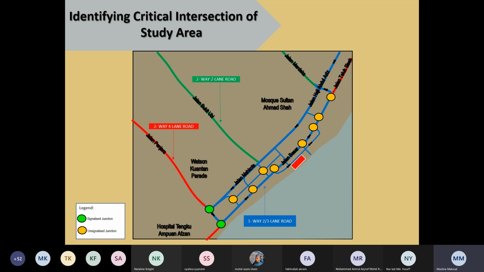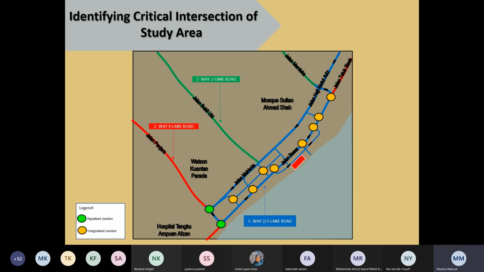So the orange color is the unsignalized junction that is affected by our development in future. The green color is the signalized intersection, the signalized junction.